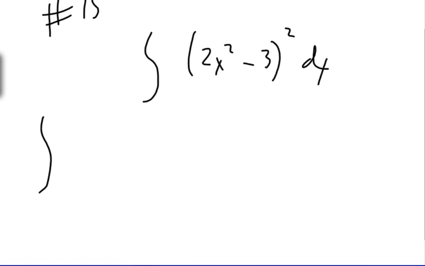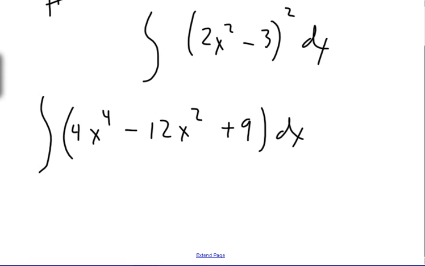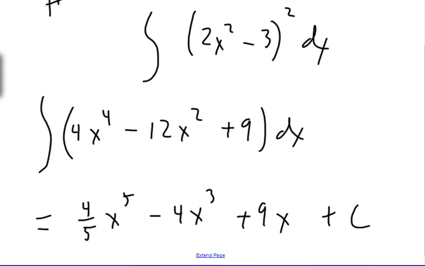The most intuitive would be to say that this is the integral of 4x to the 4th minus 12x squared plus 9 dx. And then to say that this is going to be 4 over 5 x to the 5th minus 4x cubed plus 9x plus c. There. Did I skip enough steps?